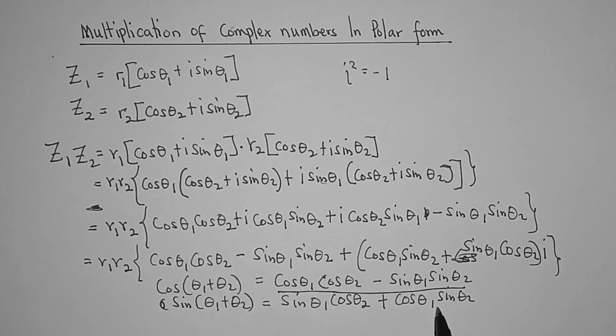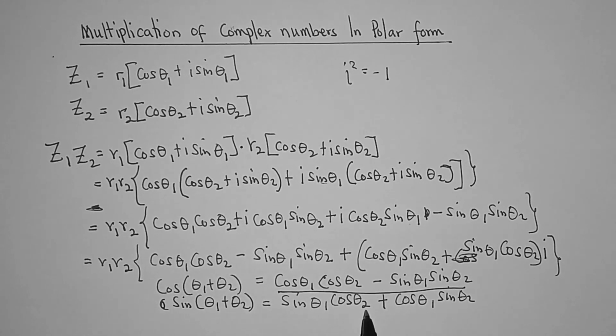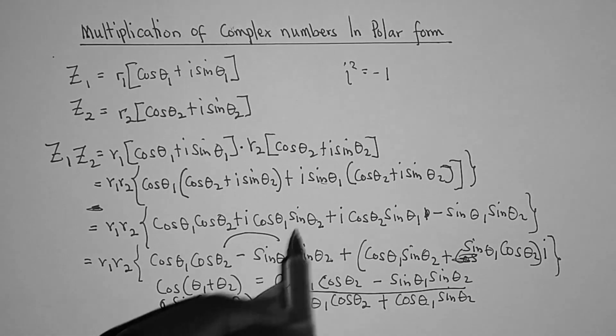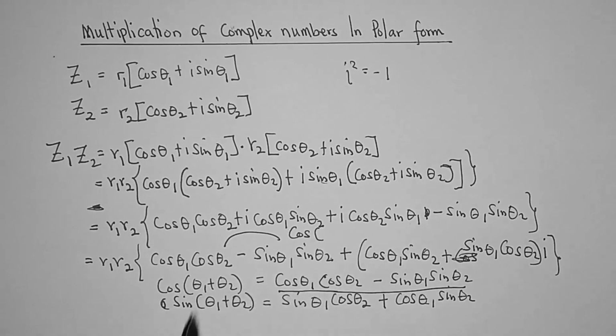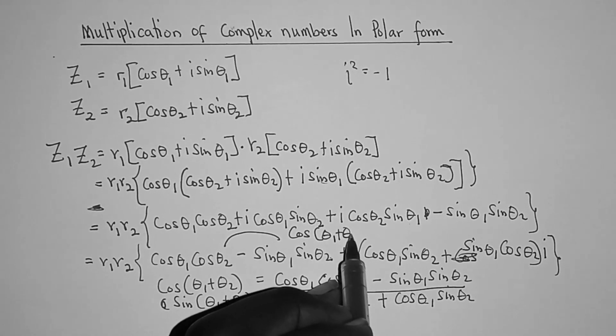So it's the same here. Here is sine theta 1 cos theta 2, which is this, plus cos theta 1 sine theta 2, which is this one. So all of this can be represented as cos into bracket theta 1 plus theta 2.